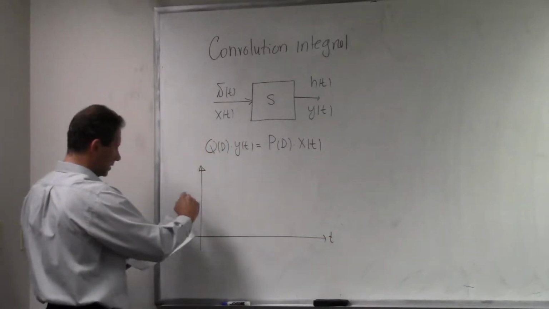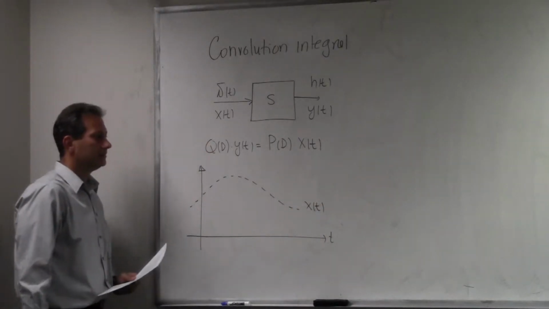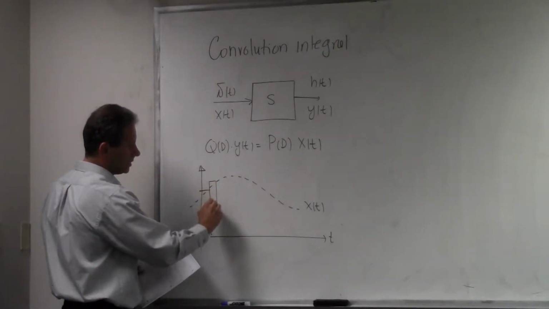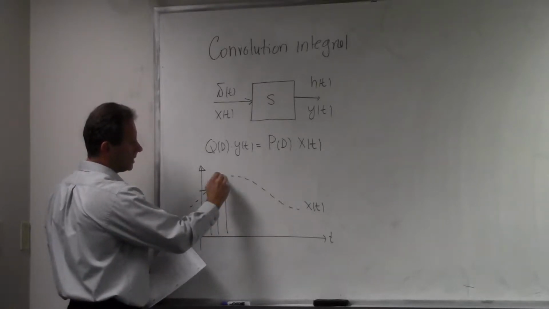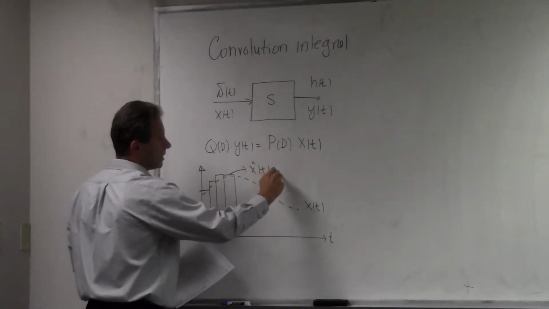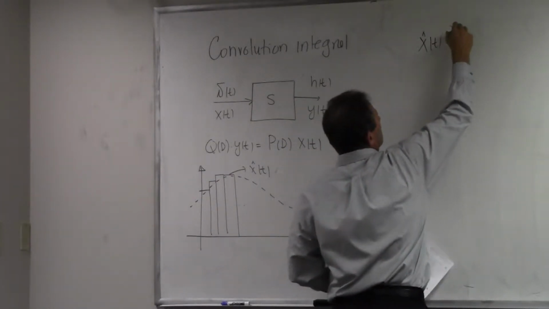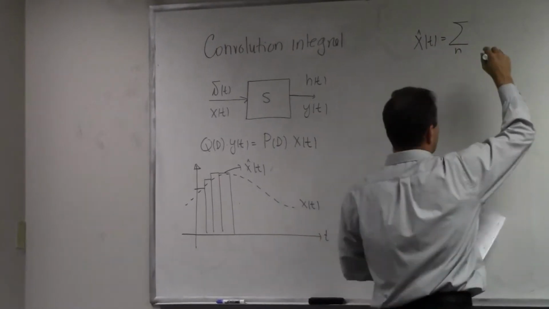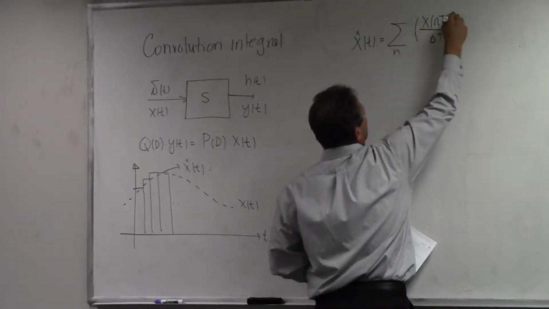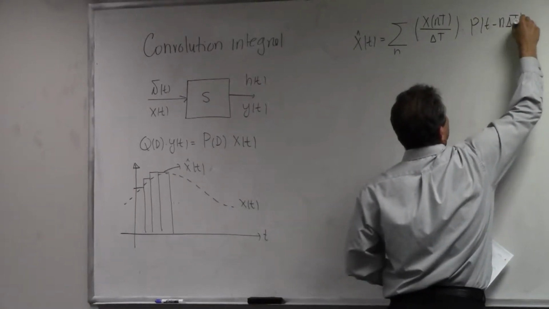We took our signal x of t, which is a continuous time signal, analog, and we approximated the signal with a whole bunch of square pulses, ending up with this signal x hat of t. x hat of t was given as a sum over n of x of n delta t divided by delta t, times p of t minus n delta t, times delta t.